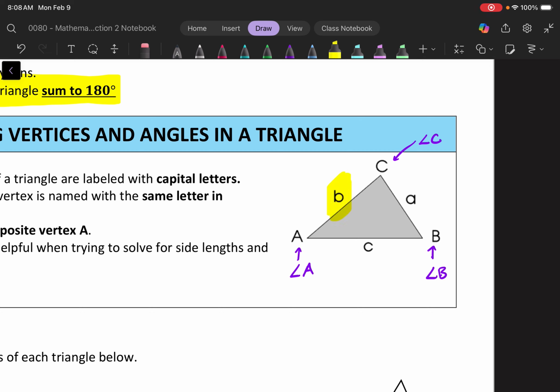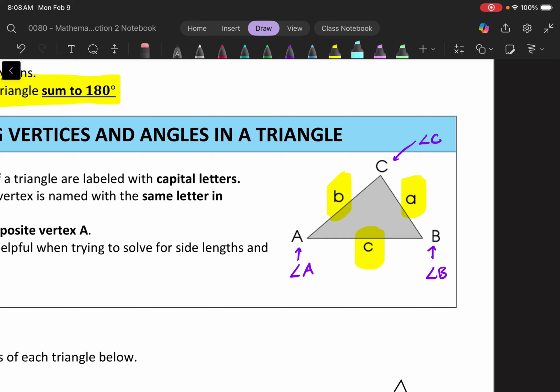Now, what do you notice about the names of the side lengths? Maybe you notice that all of those letters are lowercase and not uppercase, not capital, which would be a great observation because capital letters are only there if they represent a point, and a side length isn't a point. It is the distance between 2 points.